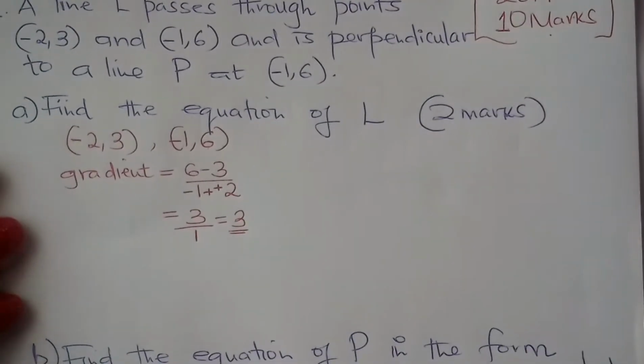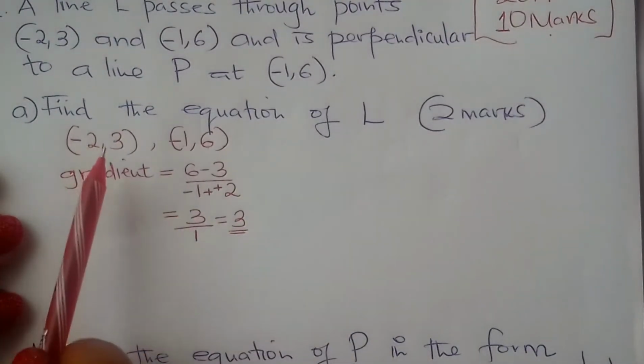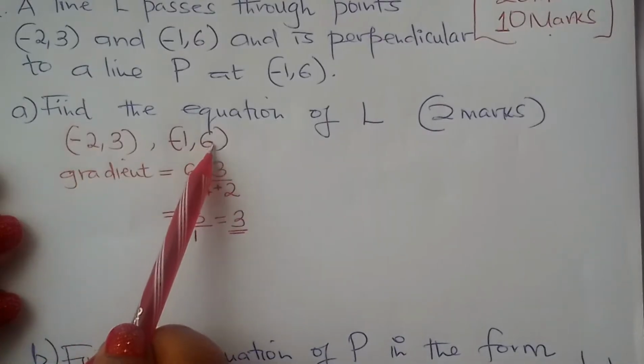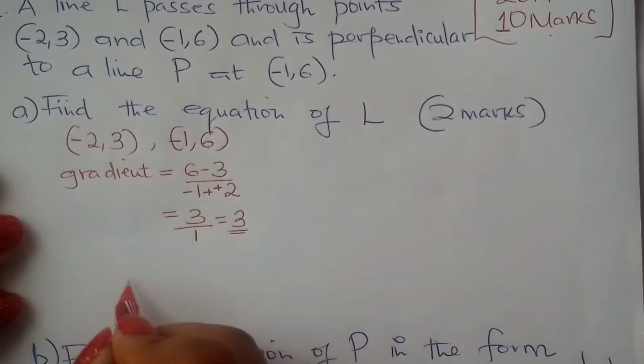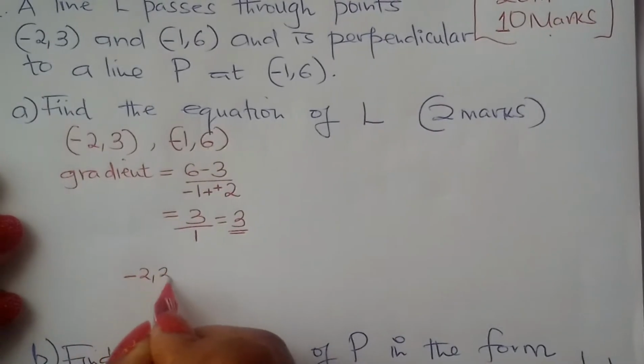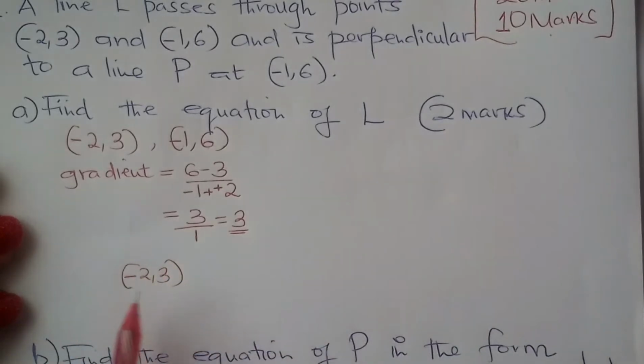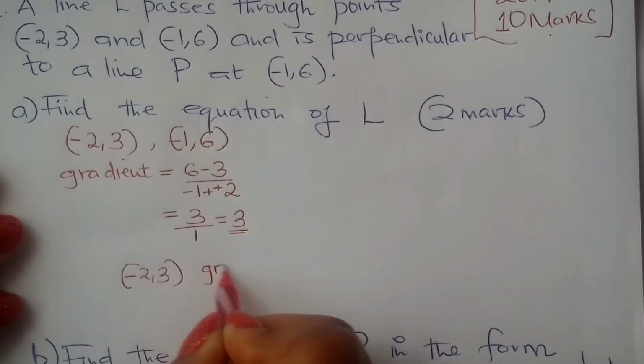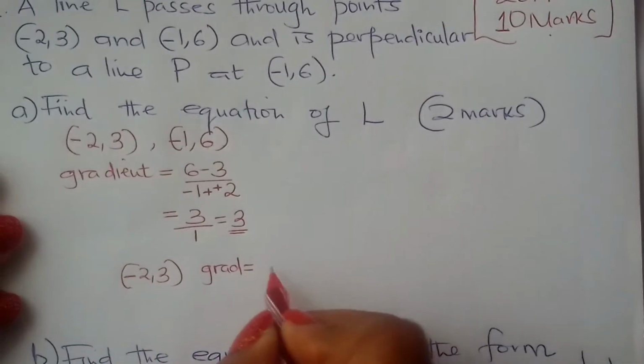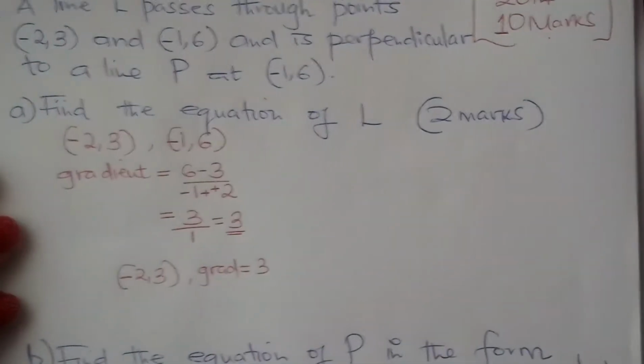After finding the gradient, learner, you pick either this point or this other one. Let us pick -2, 3. So our line L passes through this point, and its gradient, let me write it in short, is 3.